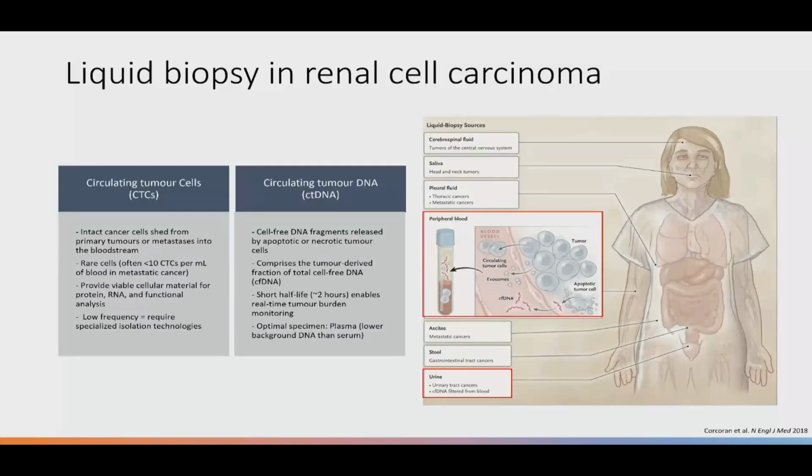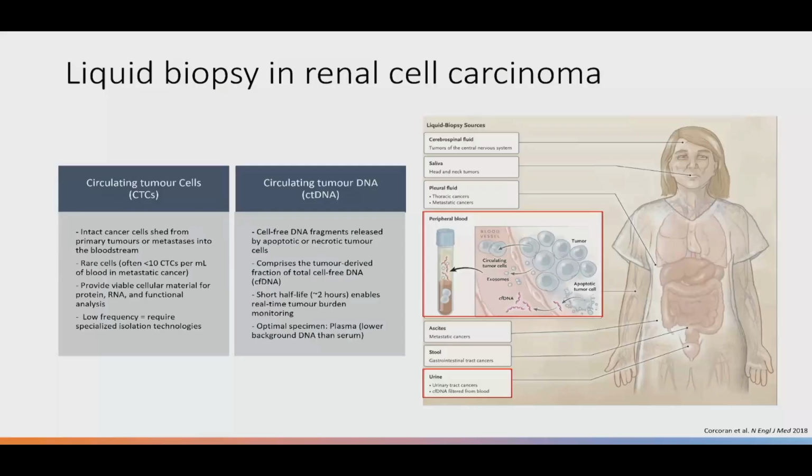Liquid biopsy can be simplified as circulating tumor cells and circulating tumor DNA, or ctDNA. Circulating tumor cells refer to essentially intact cancer cells that have been shed from the primary tumor into the bloodstream. Often, these cells are quite rare and of low frequency, so they need specialized isolation techniques to be detected.